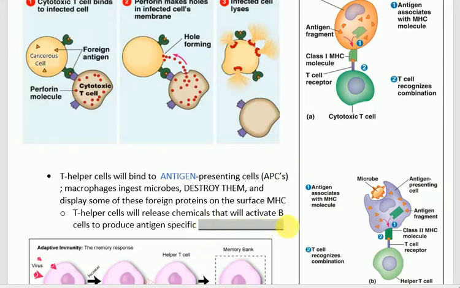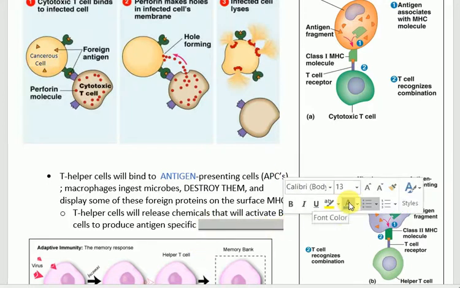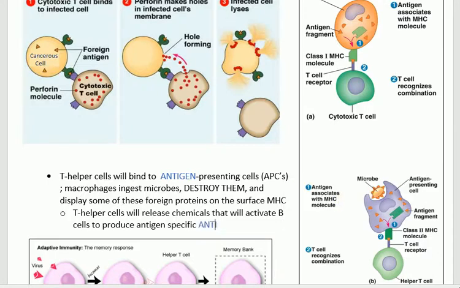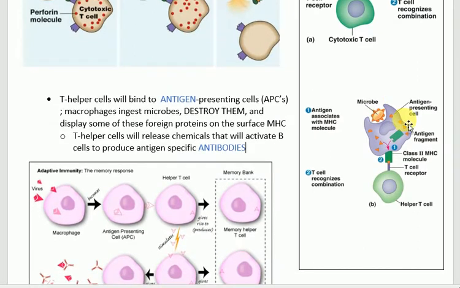These T helper cells will also release chemicals that will activate the B cells to produce antigen-specific antibodies. And that's what these diagrams here are basically showing you. This is the helper cell.